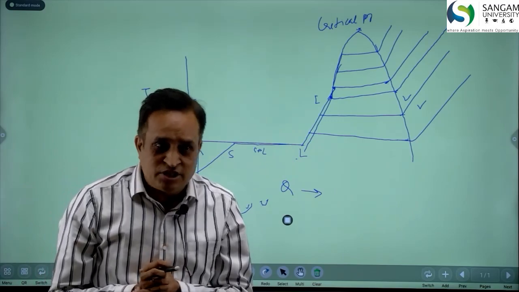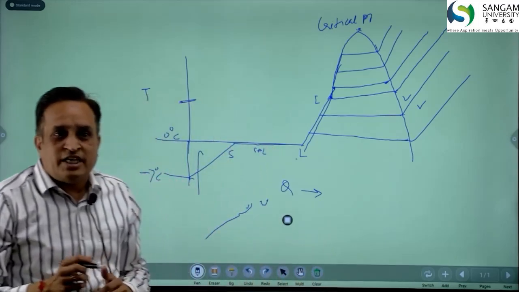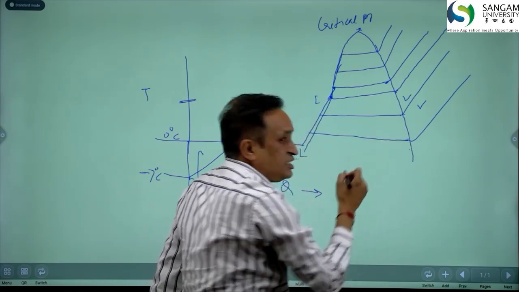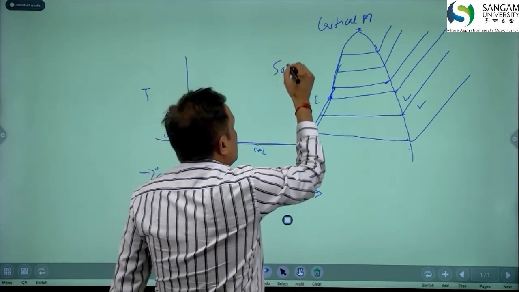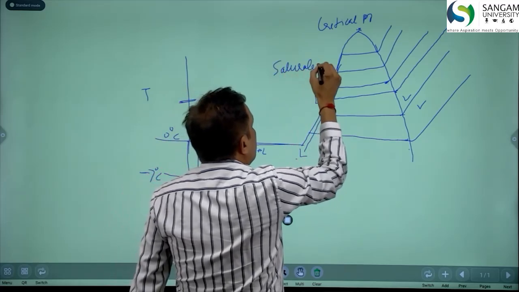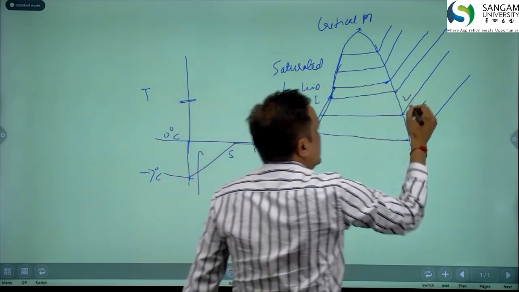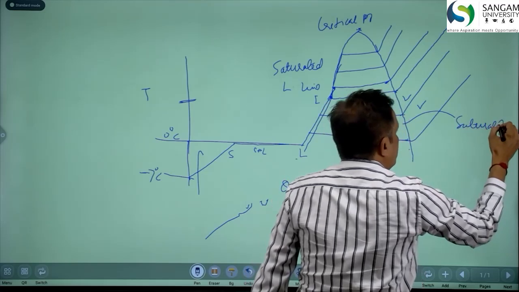The line to the left of this bell shaped curve is called the saturated liquid line, and the one to the right is called the saturated vapor line.